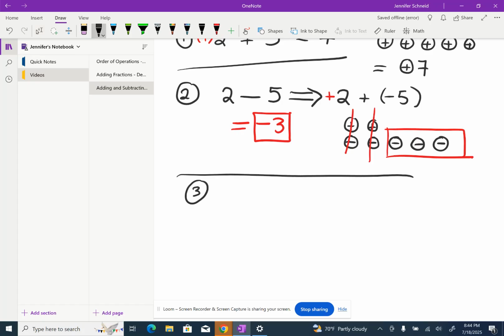For our next example, how about we have negative 2 plus 5? So if I had a negative like in the second problem, I change it to a positive. But in this case, I don't need to because I have a positive already in the middle. So what this is telling me is I have 2 negatives and then I have 5 positives.